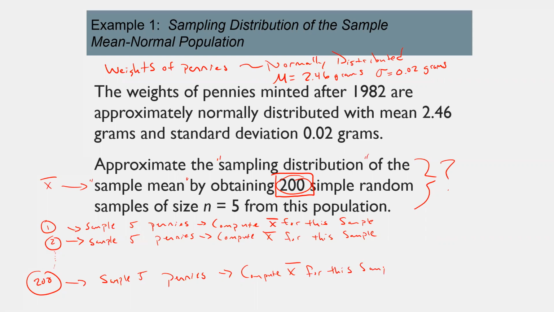So what I'm going to be looking at, just so we're clear, is 200 X bars, 200 sample means. Let me show you what the first one is. Is everybody okay if I move on from this? Okay, so I've got 200 X bars.